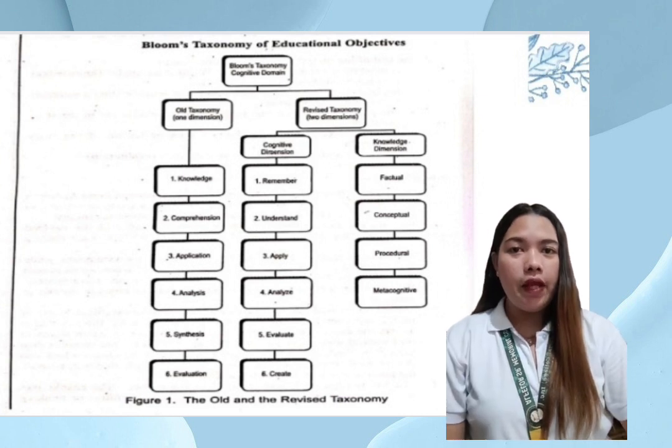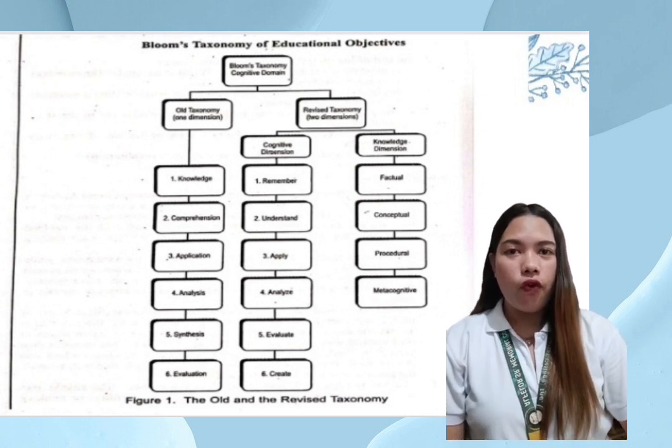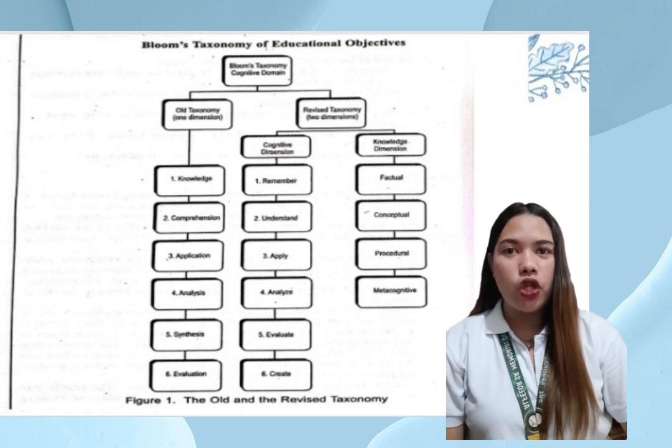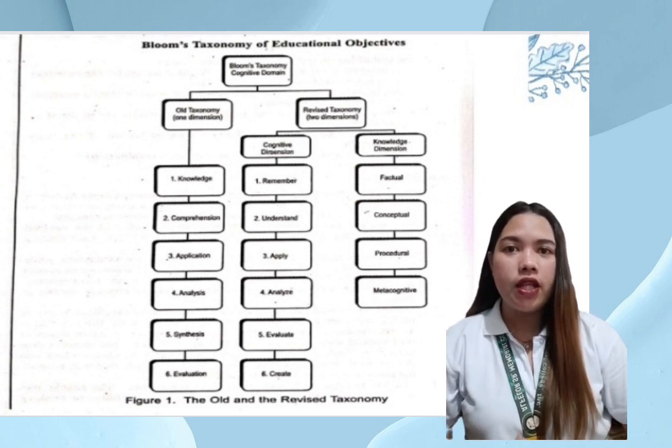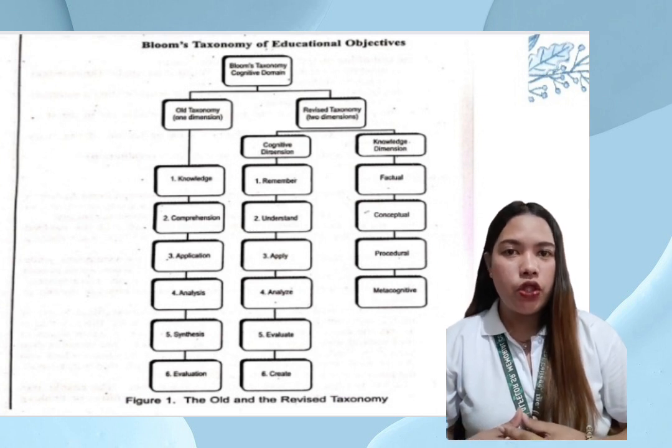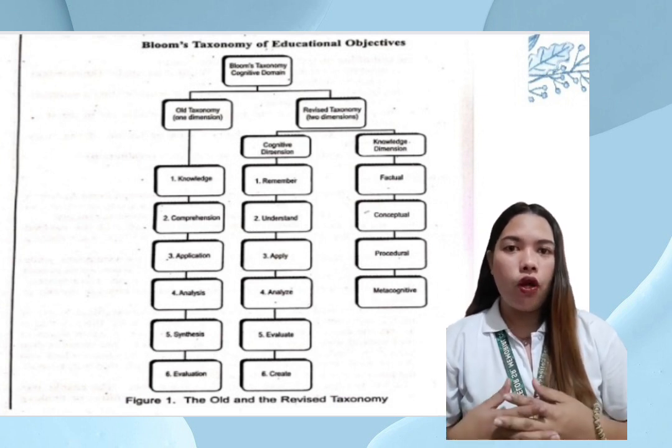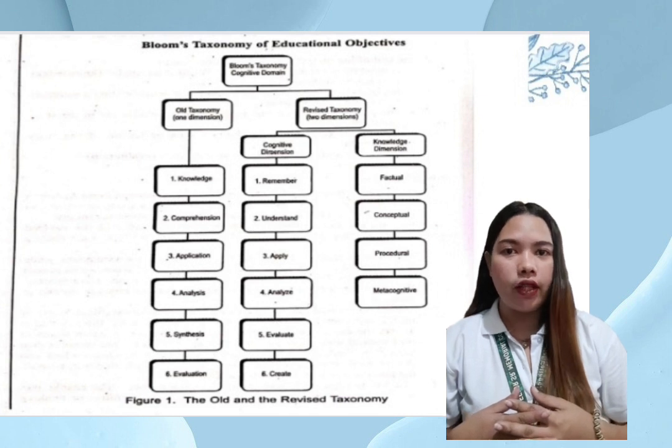Third, we have application. This level focuses on using acquired knowledge and skills to solve problems in new situations or contexts. It involves applying learned information or concepts to real-life scenarios, using procedures or techniques to solve problems, or demonstrating the practical use of knowledge.